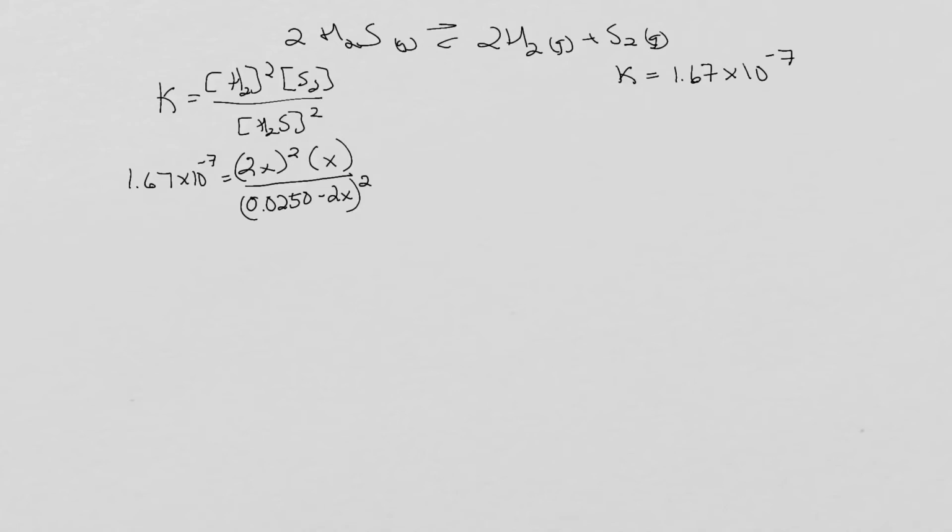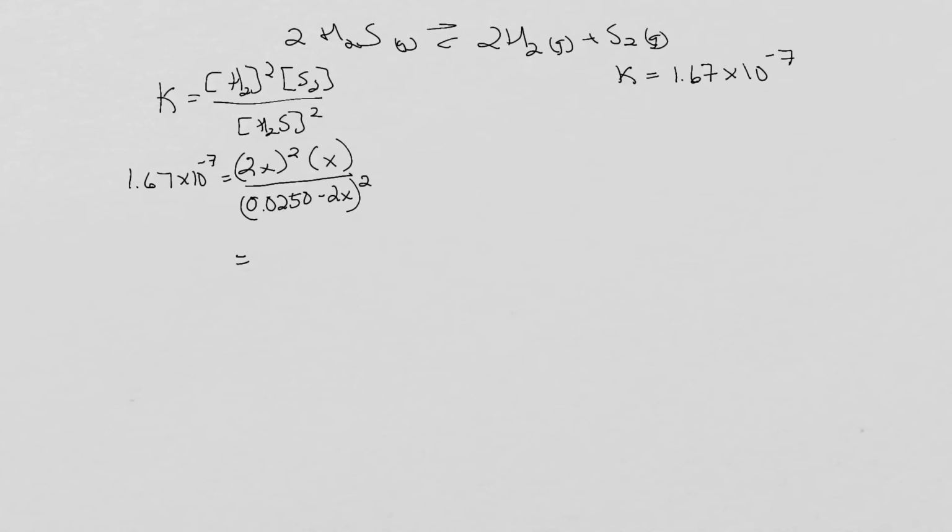Now, if you're used to doing some algebra here, you realize that we're going to end up with a higher order equation here, a cubic, if you will. So let's just simplify some of this. We can work on the right side here, and on the top we have 2x squared times x.